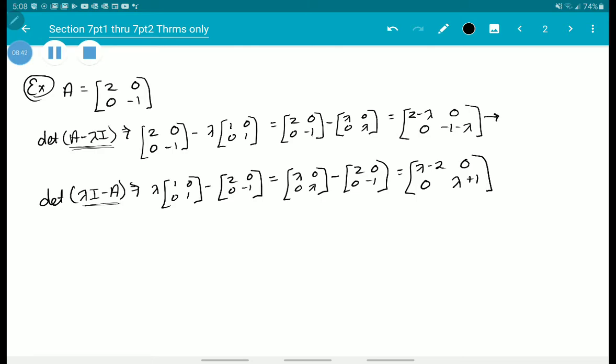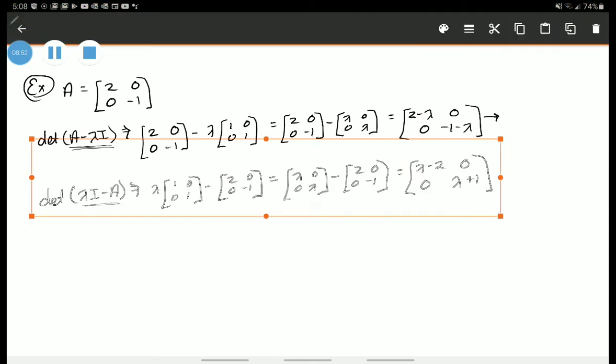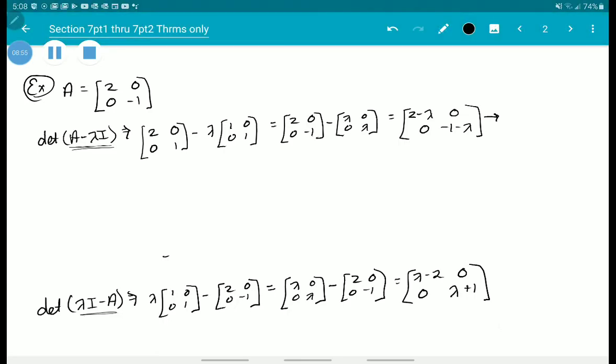So let's show that. You move this guy down so I have a little bit more room. So characteristic equation. We got to find the determinant of this 2 by 2 matrix.